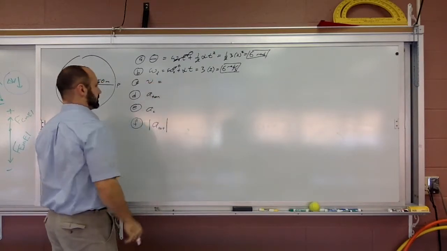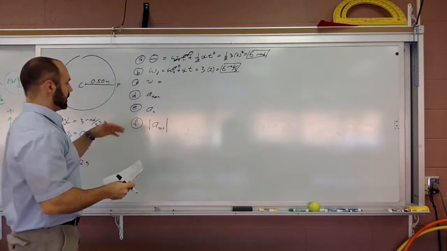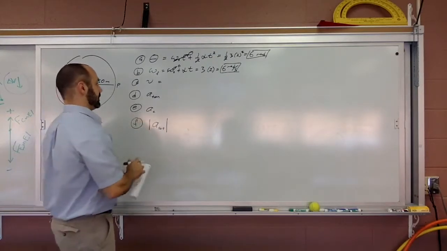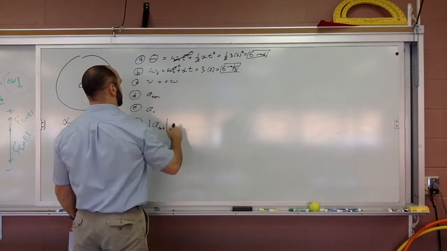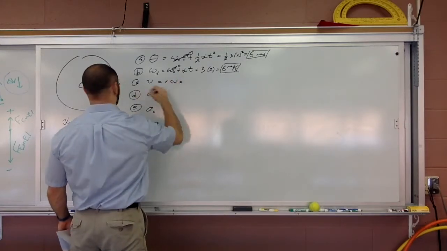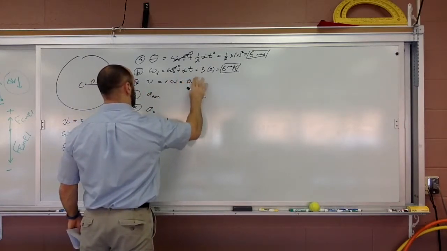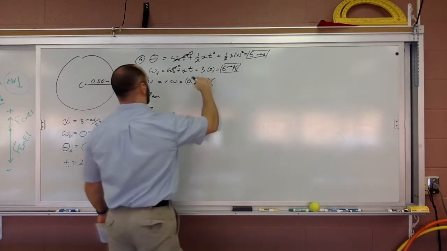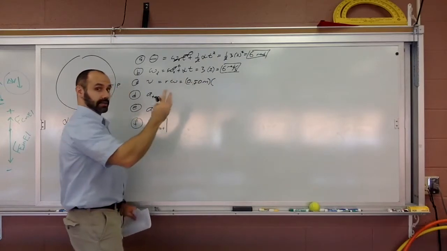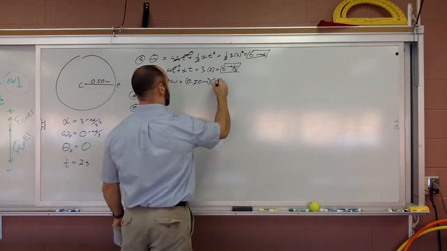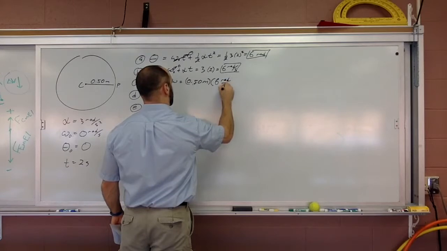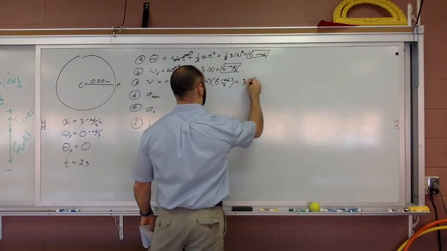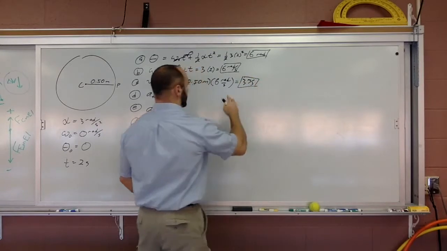Okay, the velocity. How do we relate linear and angular velocity? Well, r omega. R, I know, is 0.5. It's half a meter. And omega at this time, right, at 2 seconds, is 6 radians per second. Okay. So half of this would be 3 meters per second. Pay attention to the units, right?